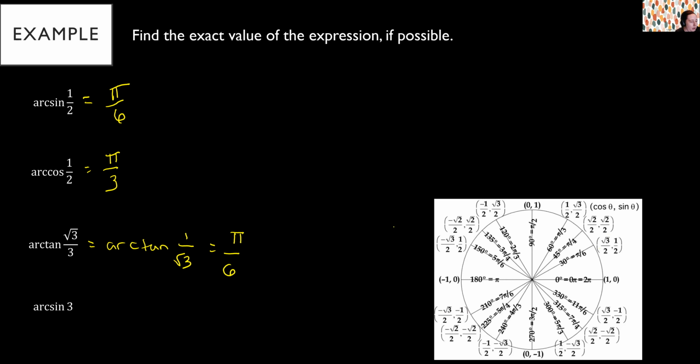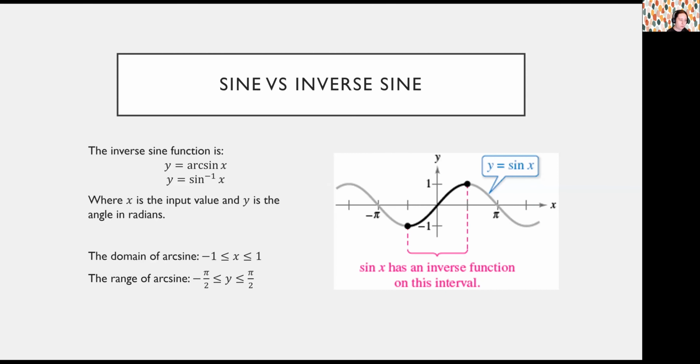If we go back to the sine versus inverse sine, the domain of arcsine is only between -1 and 1 because that's the range of the sine graph. So if you're asking for arcsine of 3, there is no answer because that's not part of the domain.